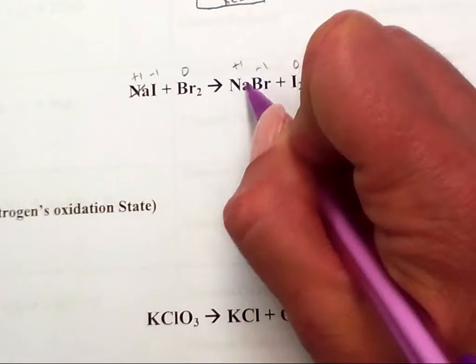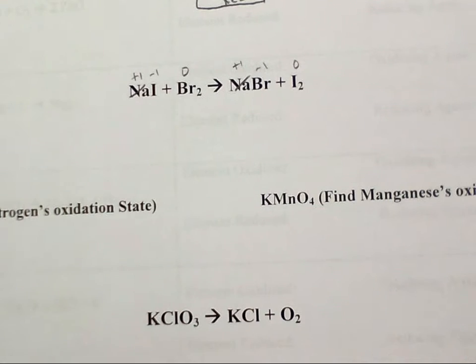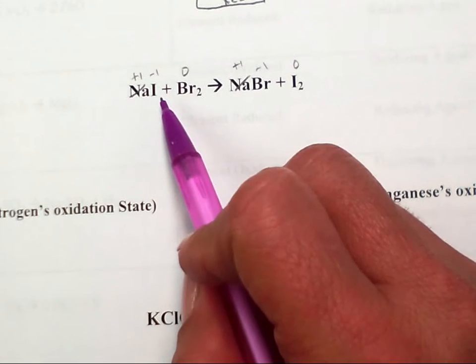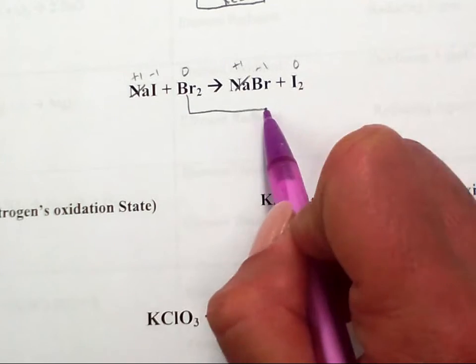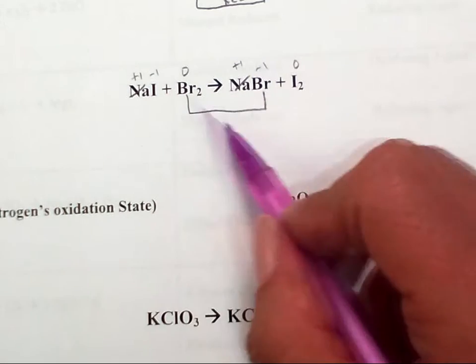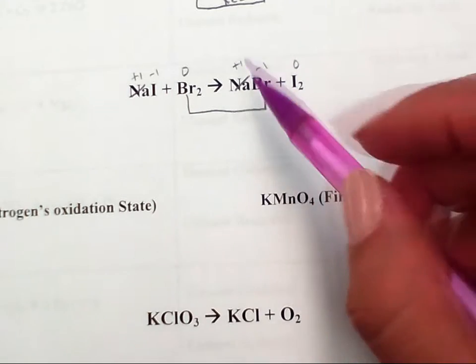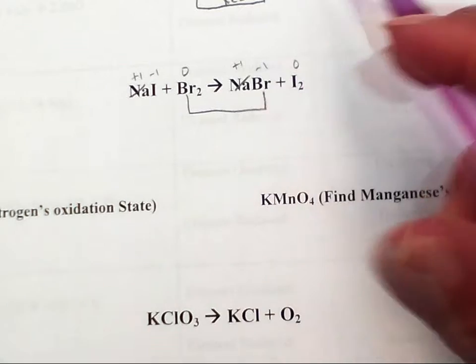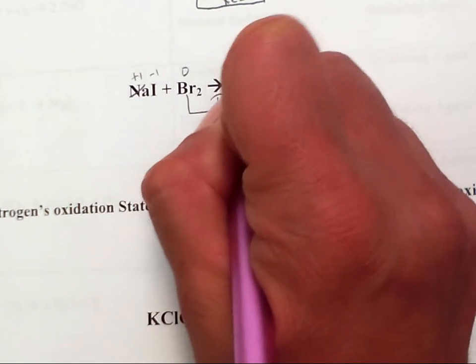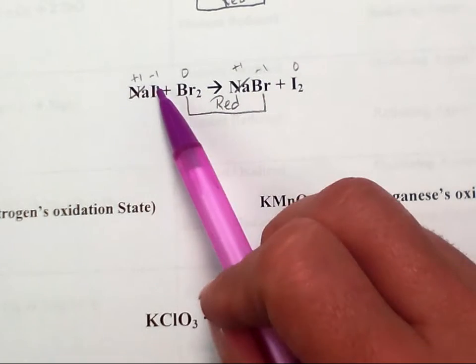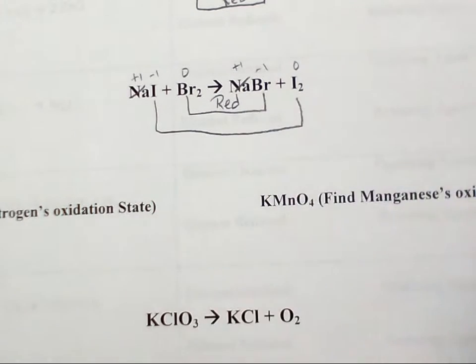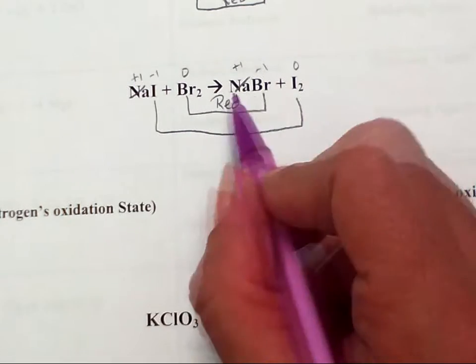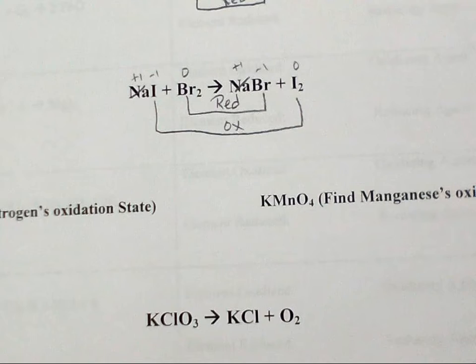So that doesn't even apply. It's out of the equation. Now, if you look at bromine, it goes from no charge at all to a negative charge, meaning it gained an electron. When it has gained an electron, that means it is reduction. Iodine went from a negative charge to no charge at all. It lost that electron, meaning it's oxidation now.